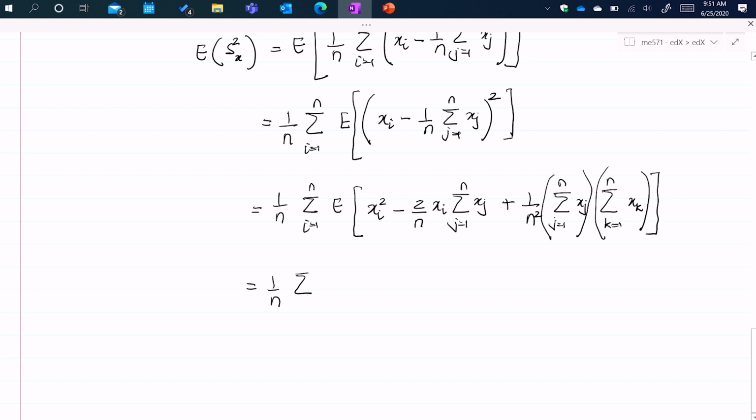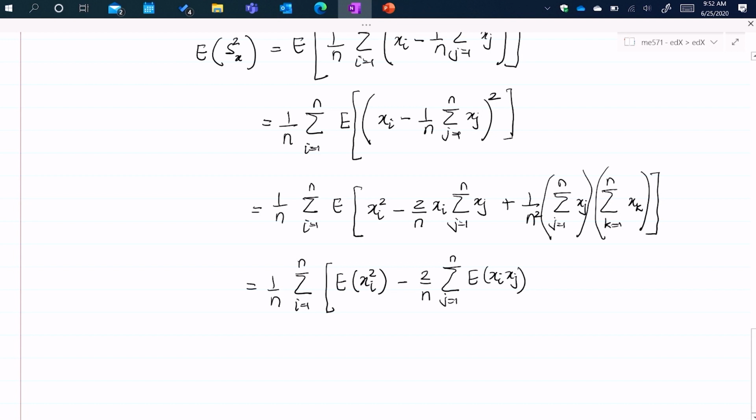Now again, I going from 1 to n, I can move the expectation inside, since the expectation of a sum is the sum of the expectation. So I can write this as expected value of xi squared minus 2 by n times summation j going from 1 to n expected value of xi xj.